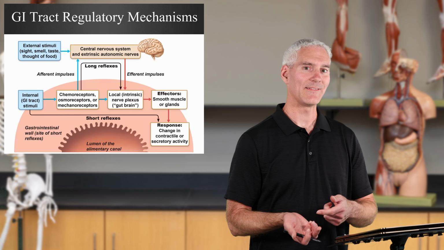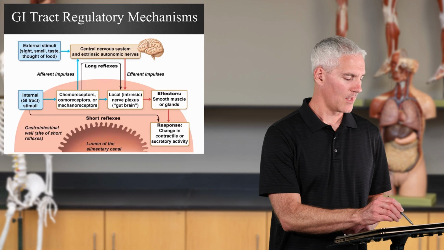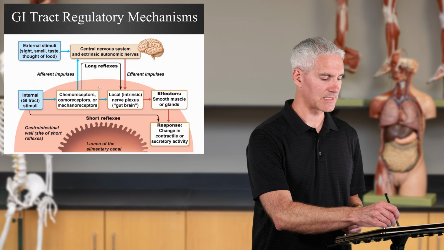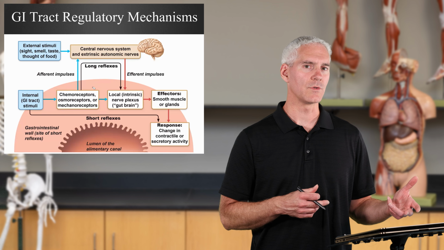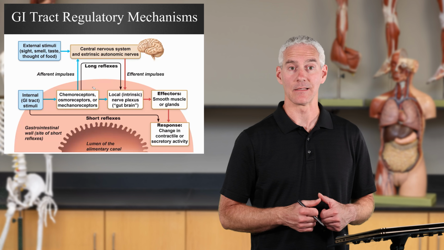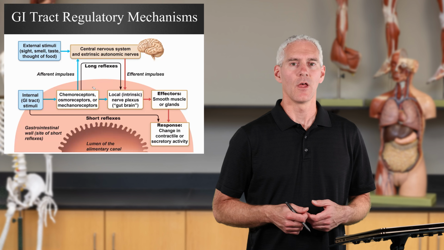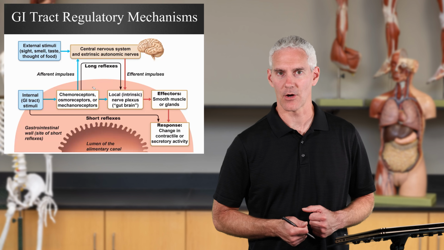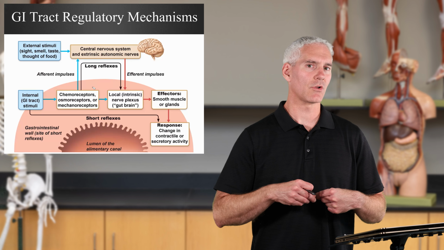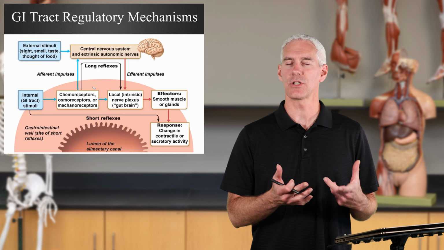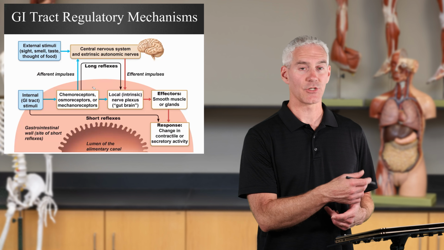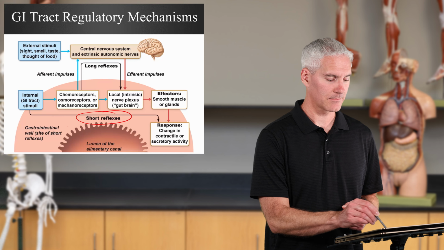But then we also have internal stimuli. Things like the chemoreceptors, the osmoreceptors, the mechanoreceptors. Those then are all going to say the same thing. Hey, get things going. You're using the smooth muscle to get going, the different secretions getting going. So either an internal or an external stimulus could cause these to get working and be functional. So that's why you have this short reflex, which is down here.